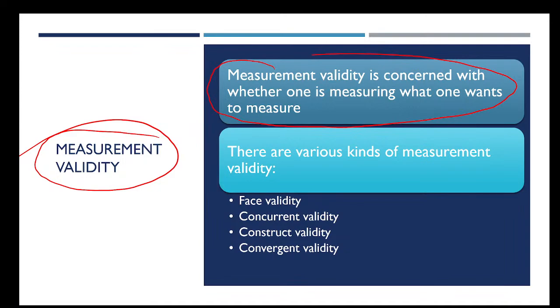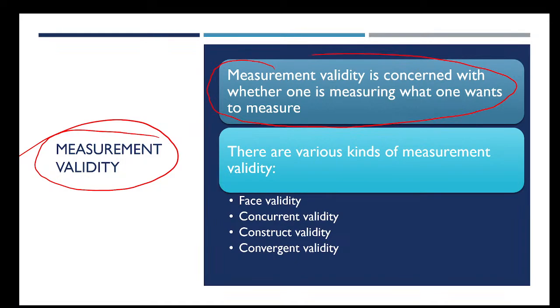So if you wanted to measure religiosity, but instead you just measured how much people like to sleep in on the weekends, you're going to have a problem. You're not going to get a good measure of how religious people are if you didn't ask, do you get up on Sunday mornings to go to church? And it might be, no, I actually go in the afternoon or in the evening. But that would be a bad question because you're actually just measuring something completely different. Okay, does that make sense? All right.